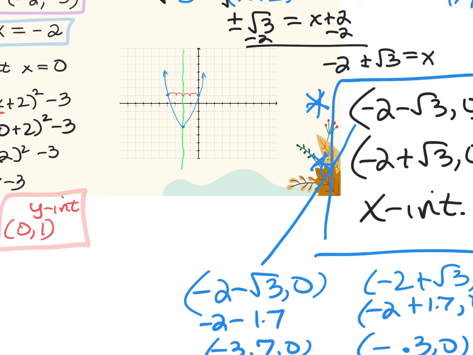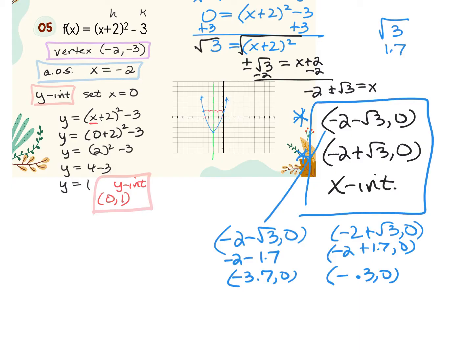Honestly, as long as your y-intercept and your vertex are 2 different points, you could just graph those 2 and then use that axis of symmetry and reflect it to get the 3rd point. Now, if it's looking for a more specific width, then you would have to plug in additional points.